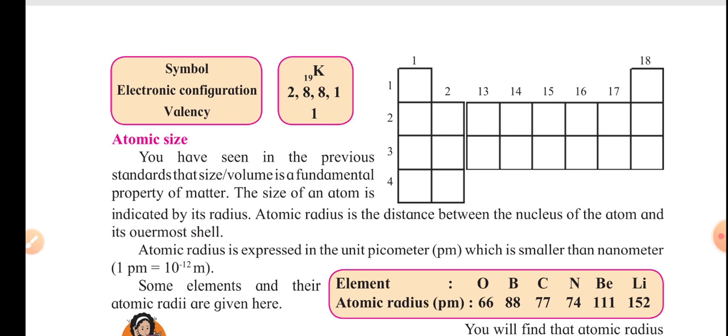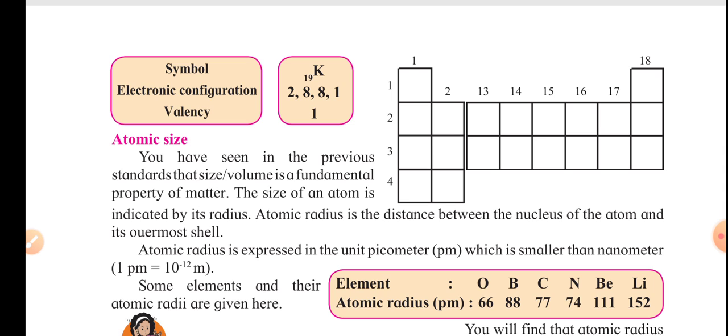Along the period, the valency goes on increasing or decreasing. Likewise, we have seen the second trend in the modern periodic table: the atomic size. The atomic size is the distance between the atom's nucleus and the outermost shell, which is the atomic radius, and this atomic radius basically determines the atomic size.